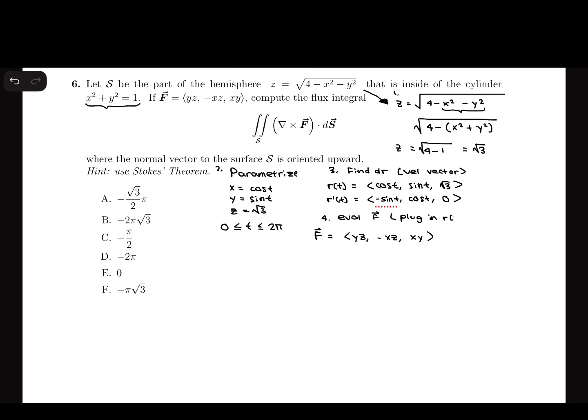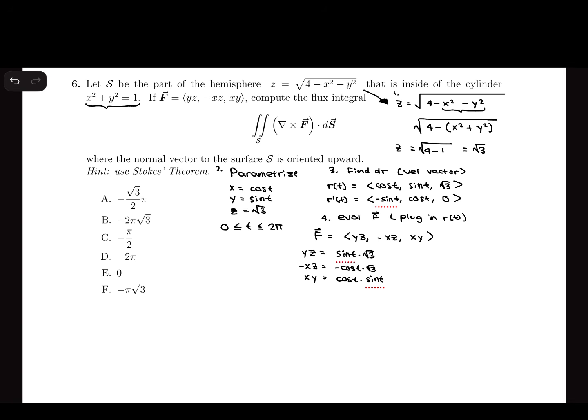which basically gets us y times z. Will that be x times z or y times z? Yeah, that's y times z. It's going to be sine of t times square root of 3. Negative x times z is equal to negative cosine t times square root of 3. And xy is going to be equal to cosine t times sine of t.